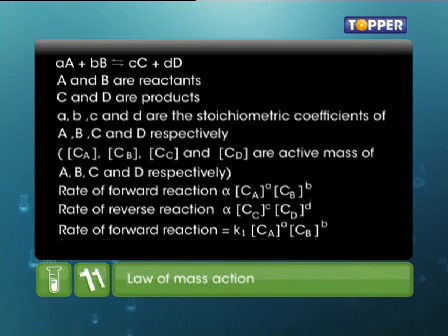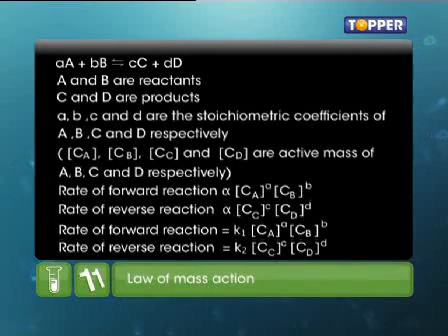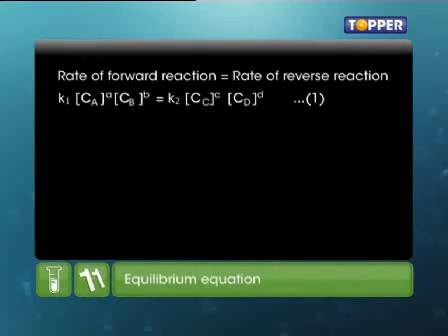To remove the proportionality sign, we will need to introduce a constant K1 for forward reaction and K2 for reverse reaction as shown. At equilibrium, the rate of forward reaction is equal to the rate of backward reaction.